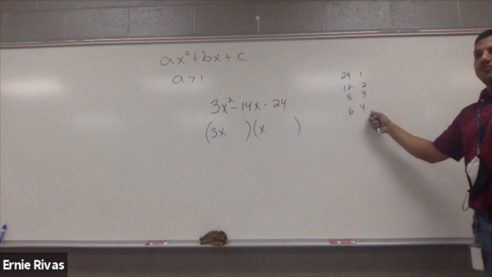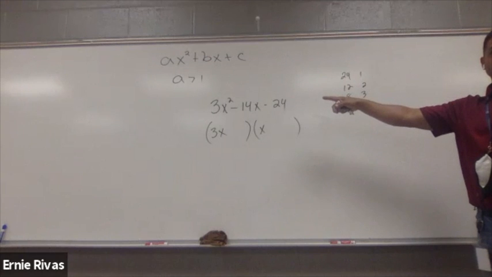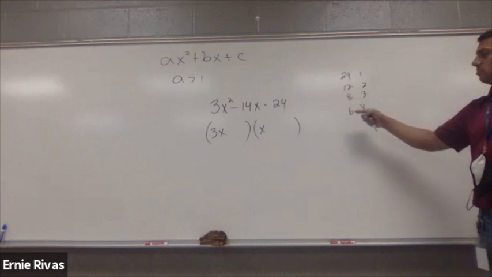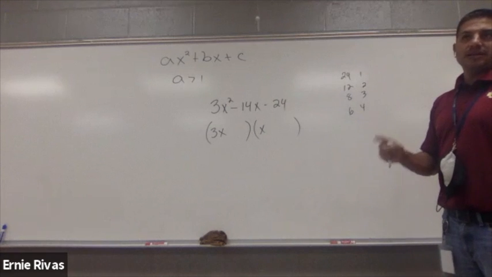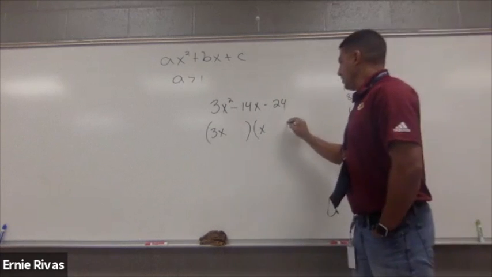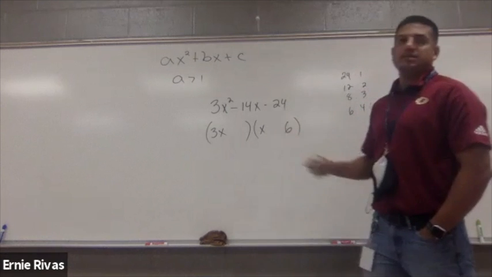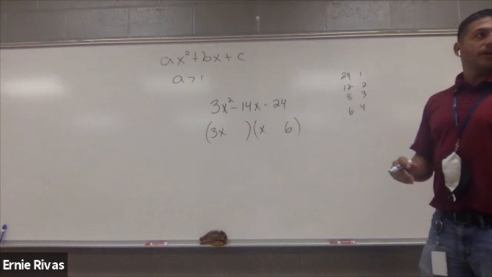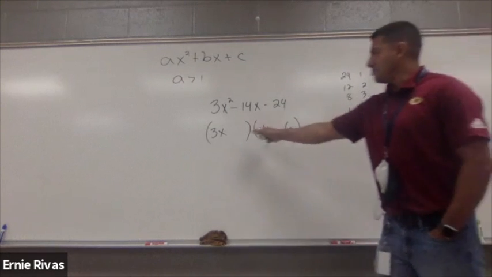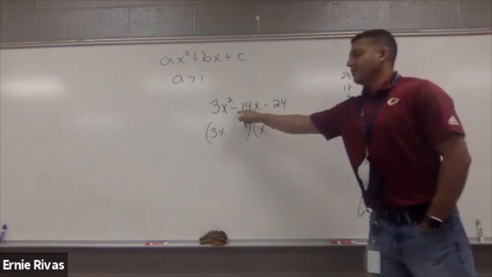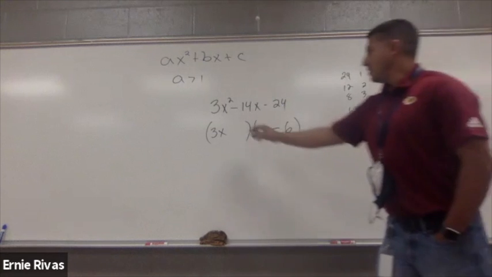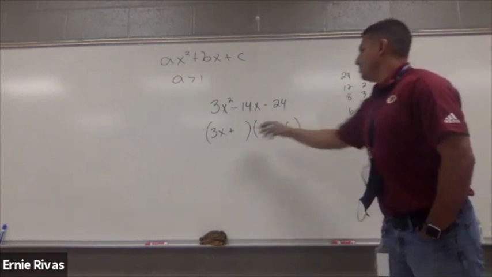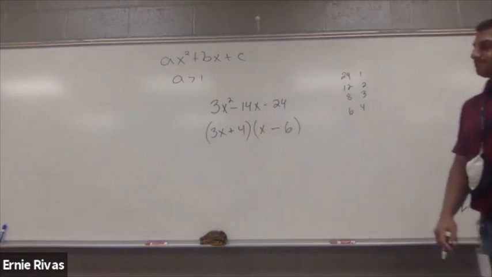And then take away 4 gives me 14, right? So I need the bigger product to be negative. So if I'm multiplying 3 times 6 and that's 18, that has to be the bigger product, right? 18 is going to be bigger than 4 times 1. So that has to be negative. It has to have that same sign as B. And then this one will be plus, and we're picking it to go with 4.